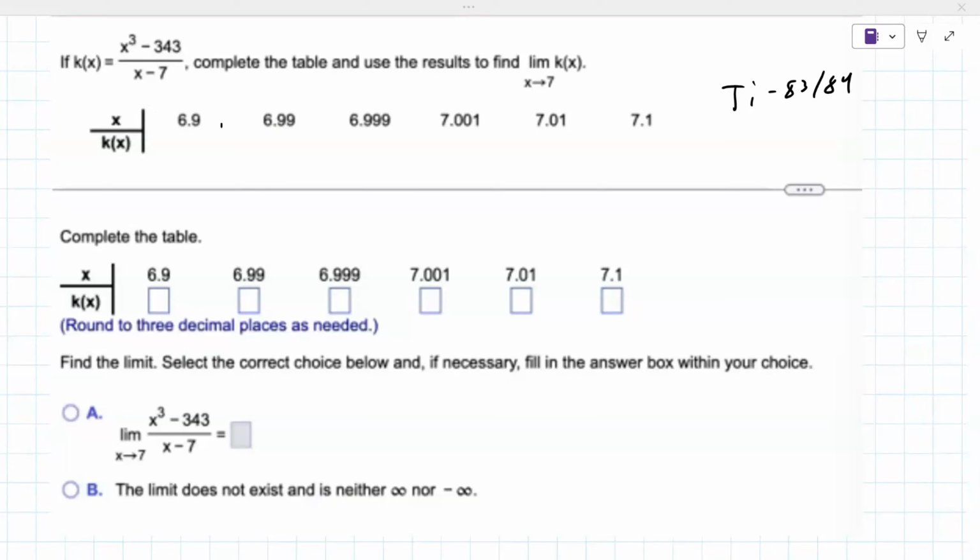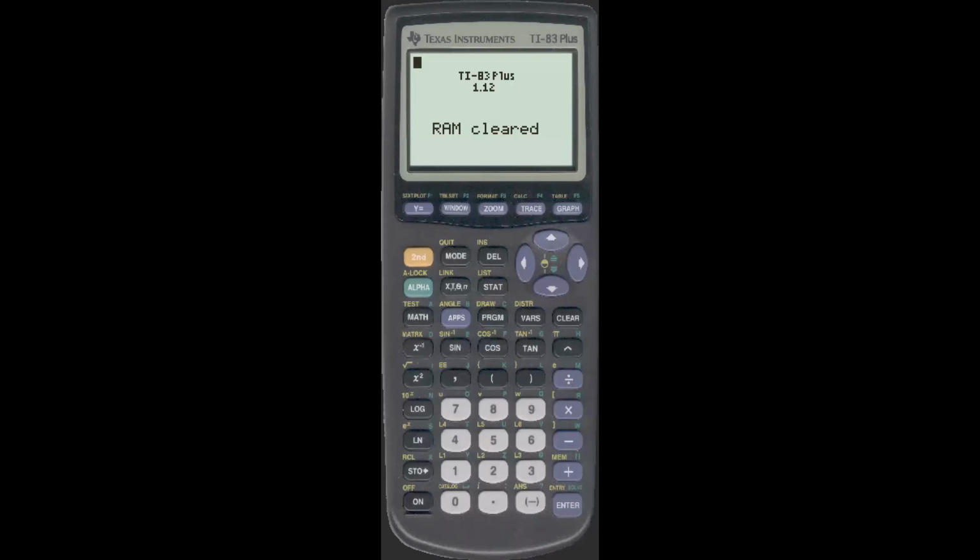All right, so the standard way to do this is to go to your calculator, and that's pulled up here. The standard way to do this is to just put the number in, like 6.9 cubed minus 343, divided by 6.9 minus 7, close parentheses, and hit enter.